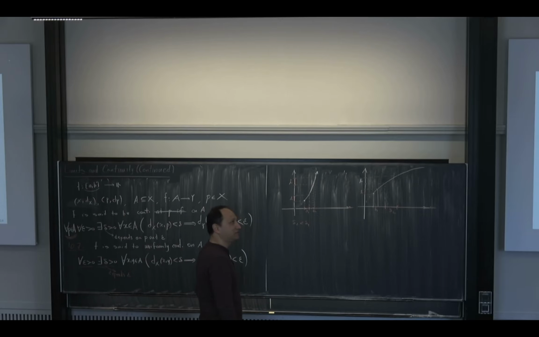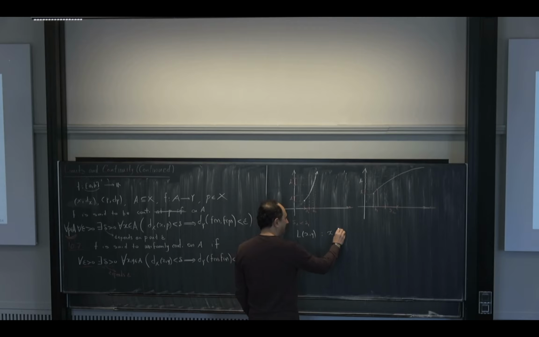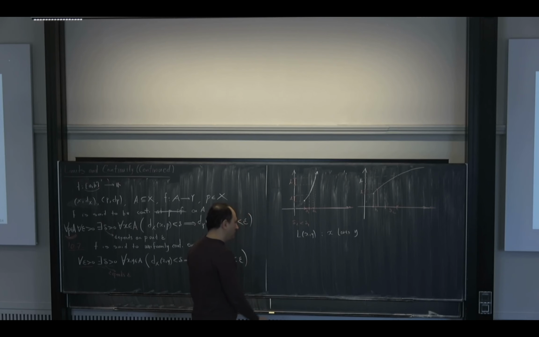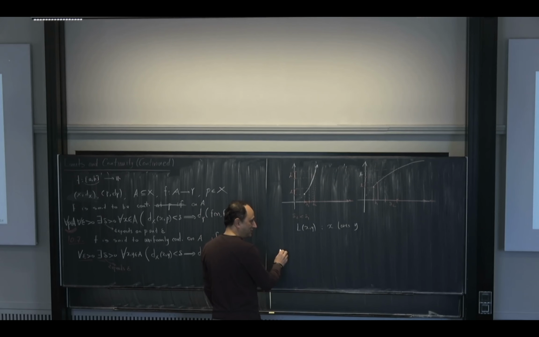So it is like this. You know, I have to remember. So let us say that L(x, y) means x loves y. Okay, so what is the meaning of this sentence?